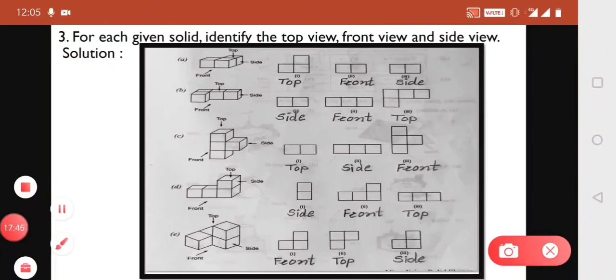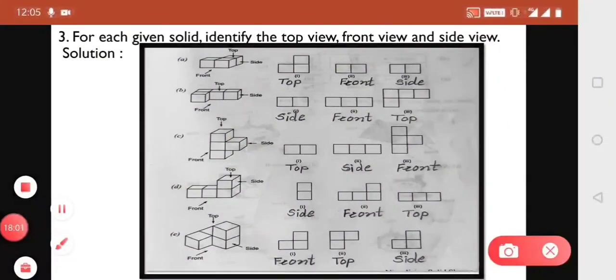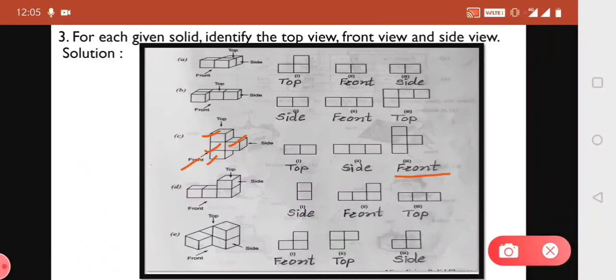These 3 square faces you can see from the side: 1, then these 2, and then 1 face below, that is 3. So that is the side view. And the next one has 4 square faces. From the front side we can see 1, 2, 3 and 4, so that is the front view.